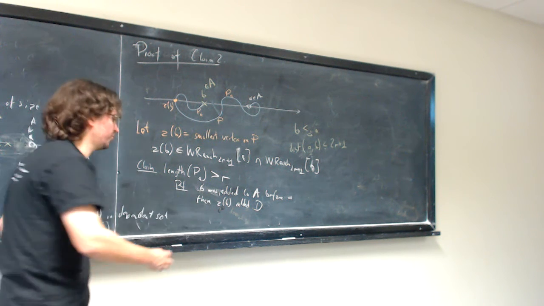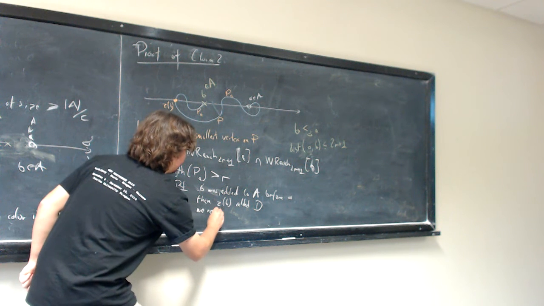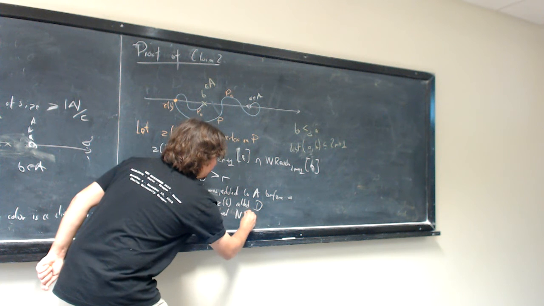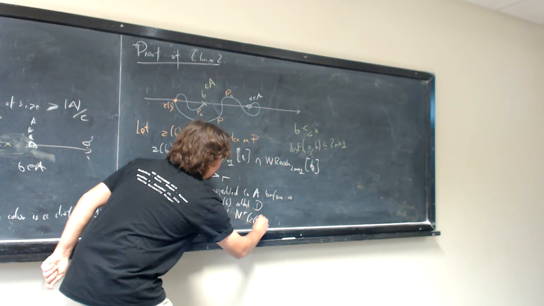Then we removed the distance r neighborhood of Z of B.